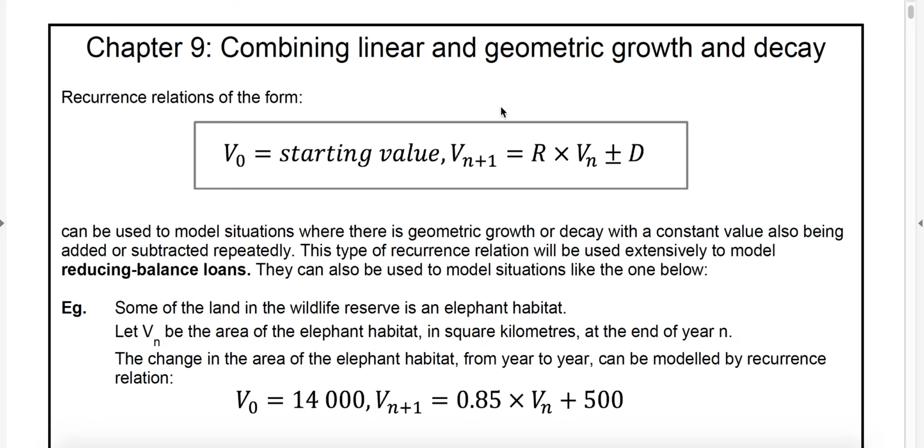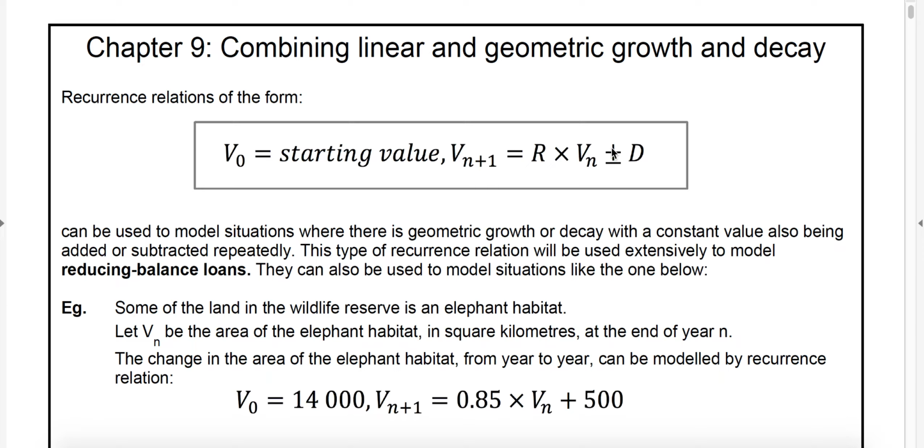So you'll see in this starting box just here that I have a starting value. Most of the time we'll call that a principal. And to get the next term in recurrence relations like this one, we're going to be multiplying our value by a number, so by R, but then we're going to be adding or subtracting a value after that.